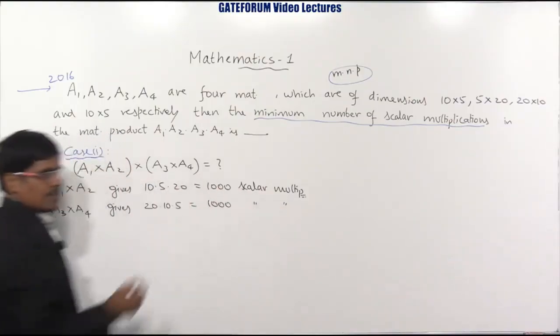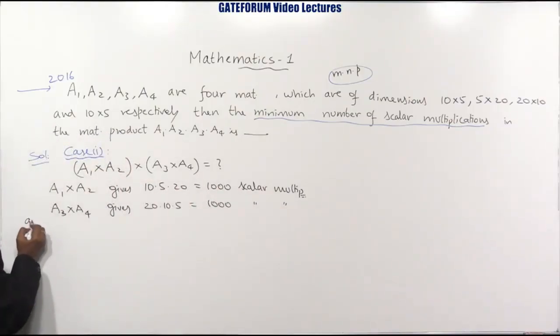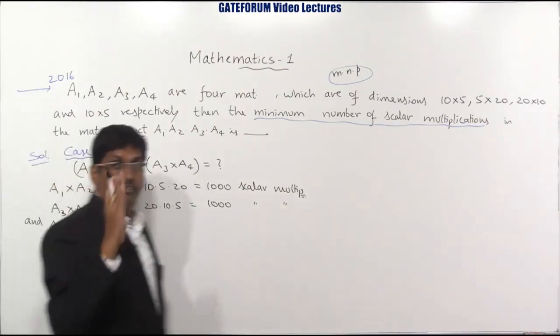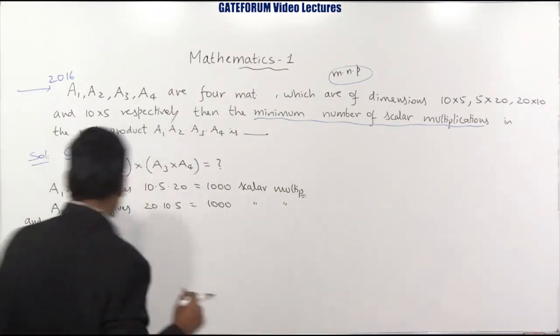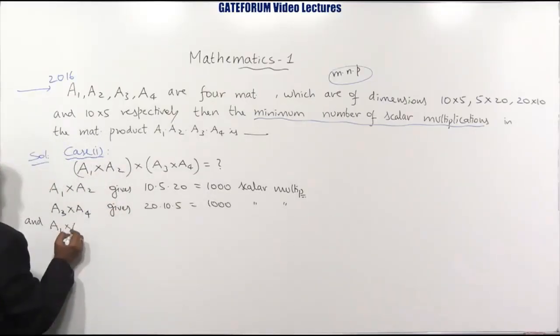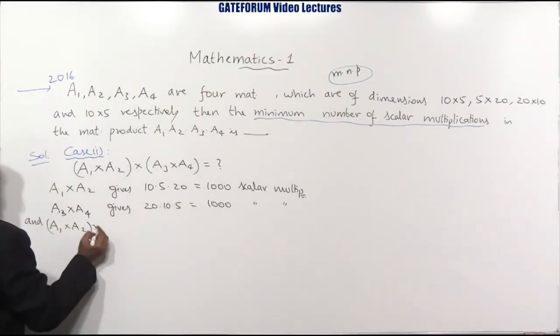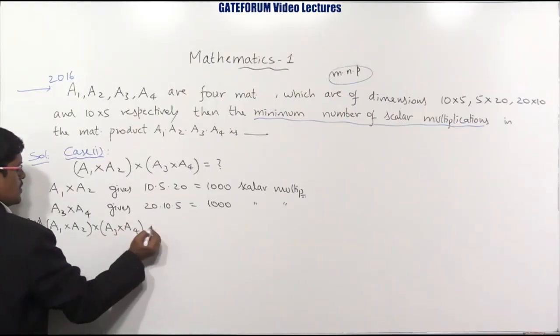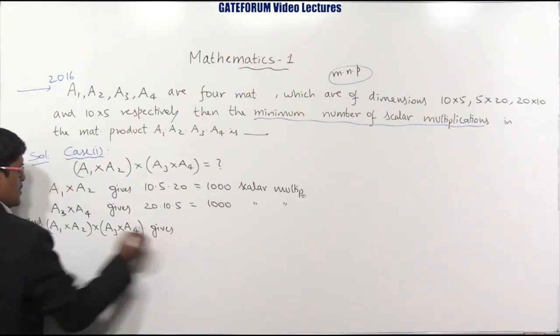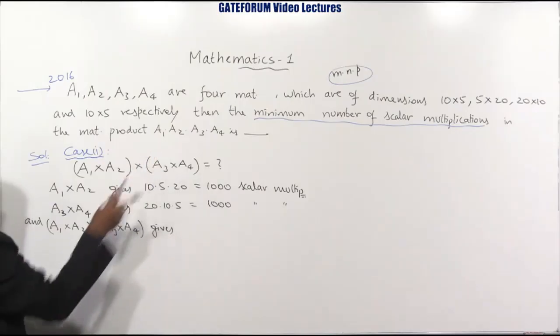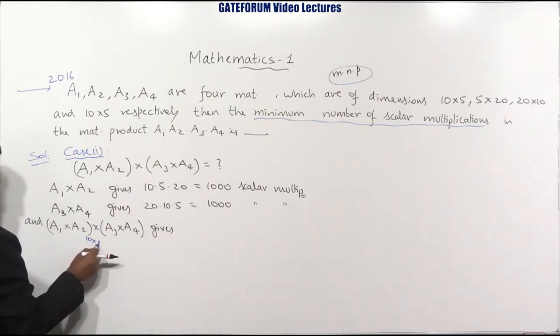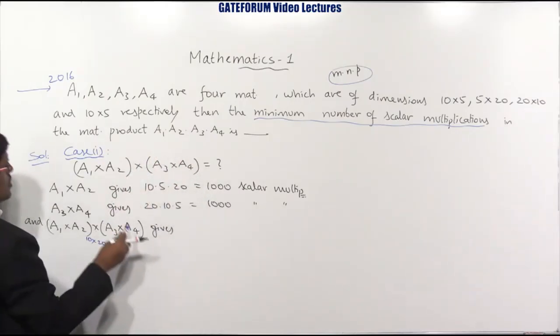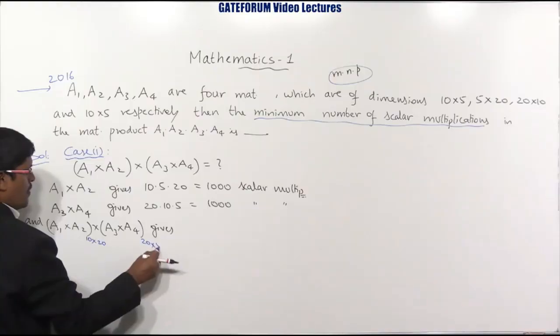And finally, these two steps multiplied. Total 3 steps to find the 4 matrices multiplication. That is A1 into A2 into A3 into A4. What is A1 into A2 order? 10 into 20. What is A3 into A4 order? 20 into 5.